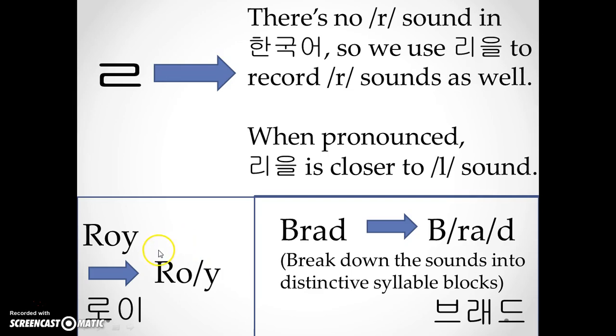So combined together, R represented as 리을 on the top, and you have the O vowel right there, 로, and then the finishing Y sound, 이. Put them together, you're going to have 로이, okay? So those are the two names beginning with the R, or having the R, transcribed into Korean using the L, 리을 sound.